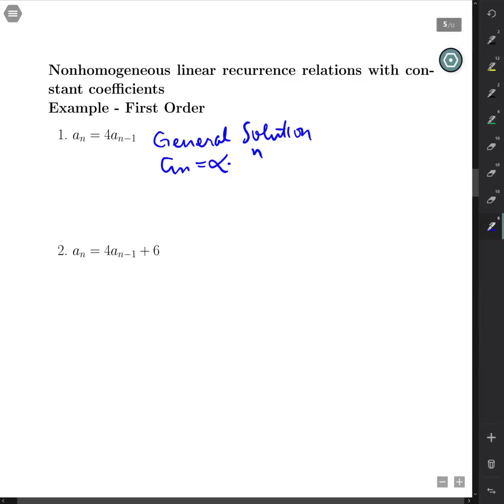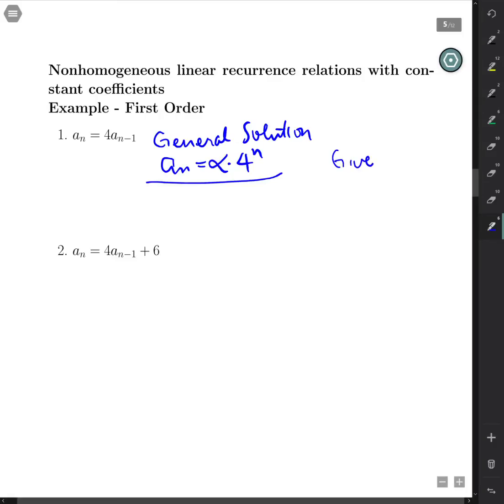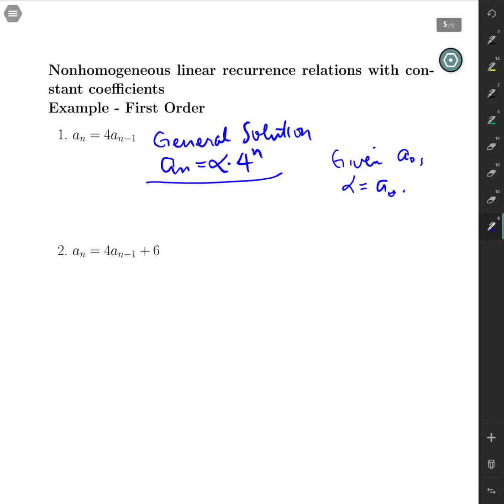So there's the general solution. And we know that when we're given a_0, that would say that the constant will be a_0, the initial condition. In this case, it doesn't always work out that way. That is to say, for higher order, it won't work that way, and for the non-homogeneous, it won't either.